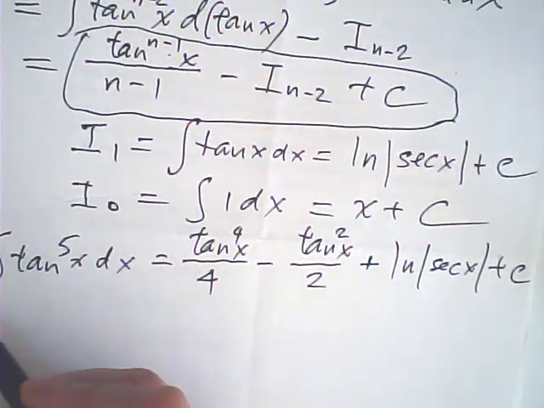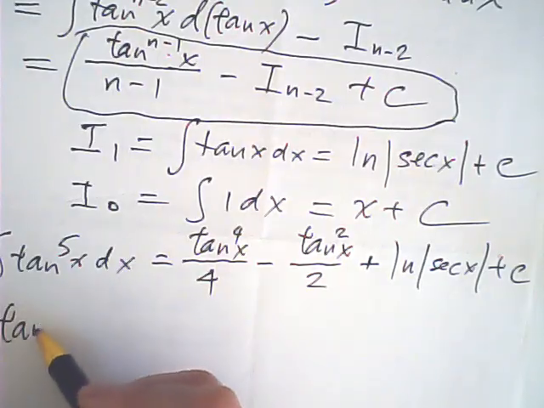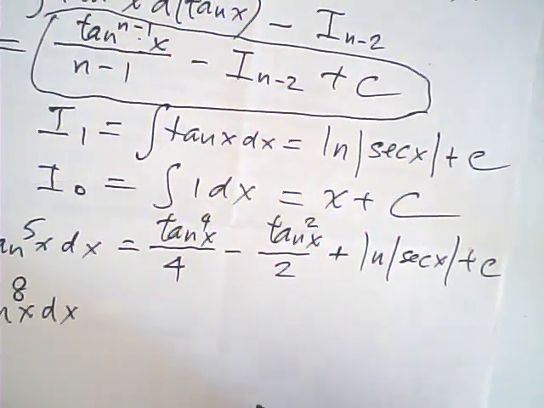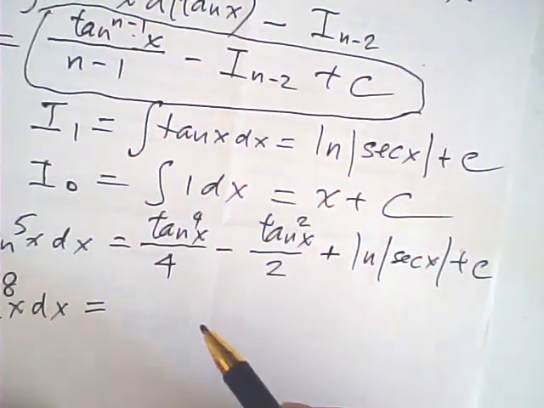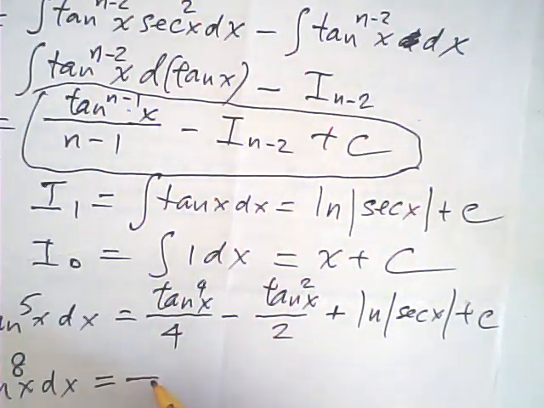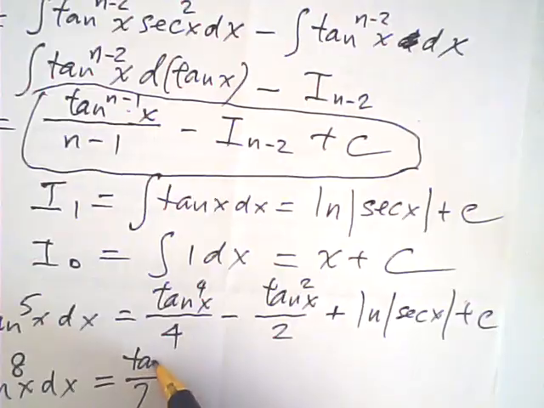Okay, now how about tangent eighth? Tangent eighth is equal to, according to the formula, it would be 1 over 7 tangent 7 x, right?